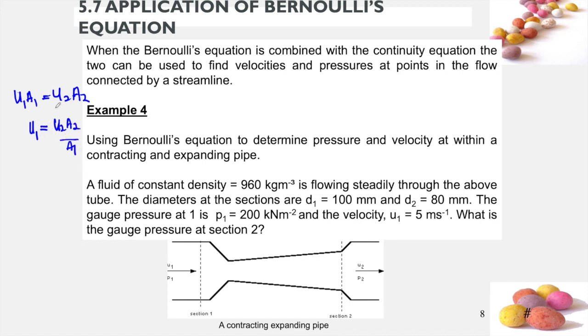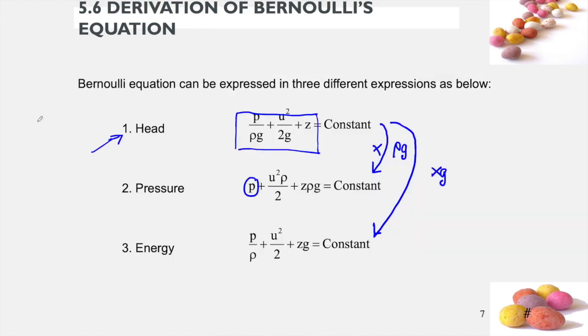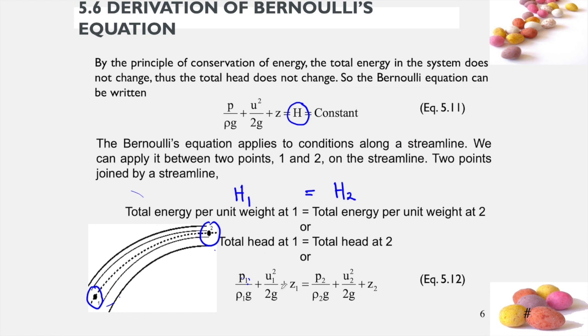After you rearrange the continuity equation, you substitute the u1 equation into Bernoulli's equation. So you will be left with Bernoulli's equation with only one unknown, which is u2. Rearrange the equation, then you will get the value of u2.